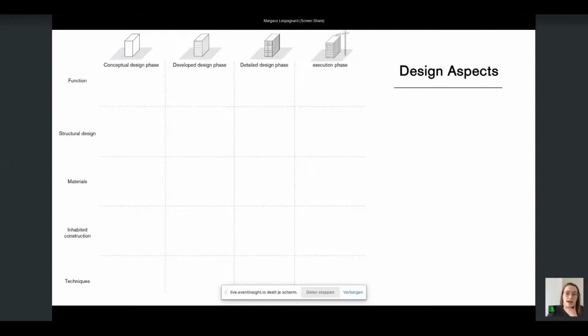Then on the vertical axis, we chose design aspects. These aspects can be chosen depending on which information you want to get from the timelines.